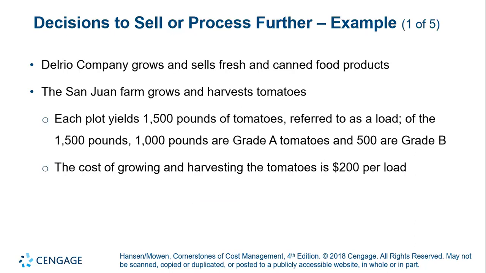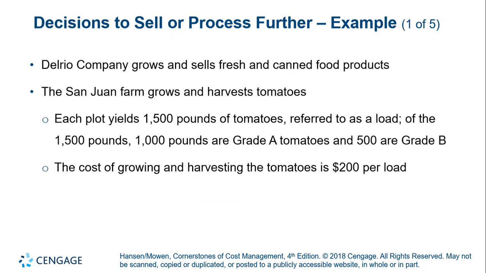Now, the last is the decision to sell or process further. The company grows and sells fresh and canned food products. So the farm grows and harvests tomatoes.